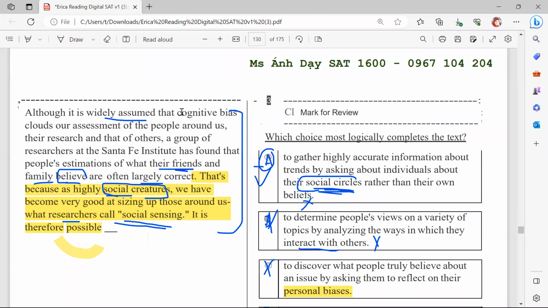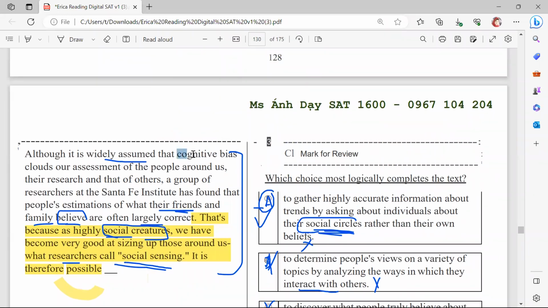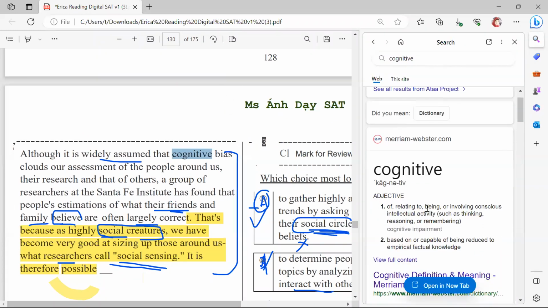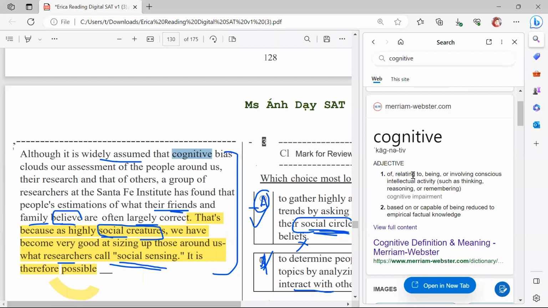Now, let's know the meaning of cognitive. Look here. Cognitive, I will show you the meaning of it. Of or relating to, being or involving conscious intellectual activity, or based on or capable of being reduced to empirical factual knowledge. So it's related to knowledge or any intellectual activity.